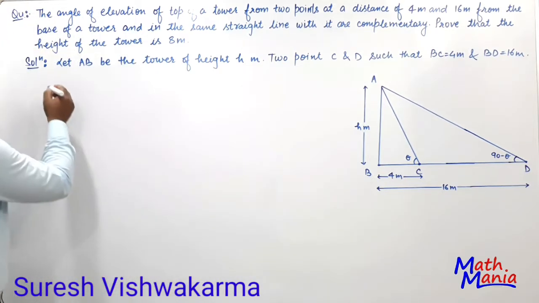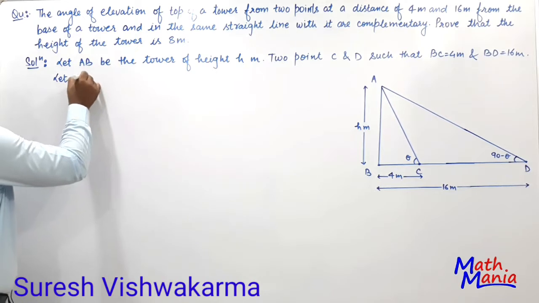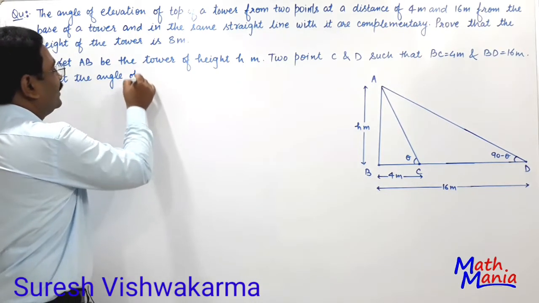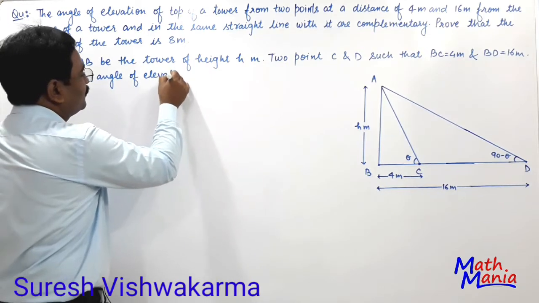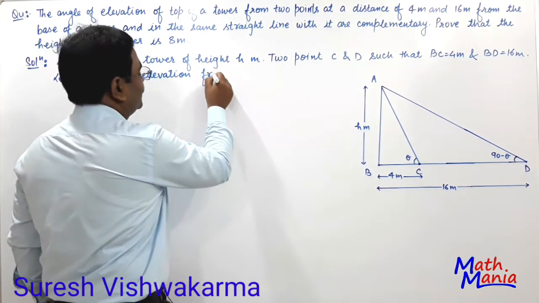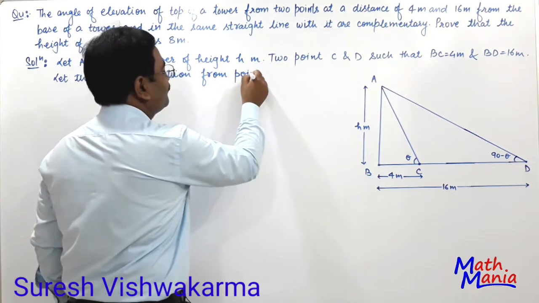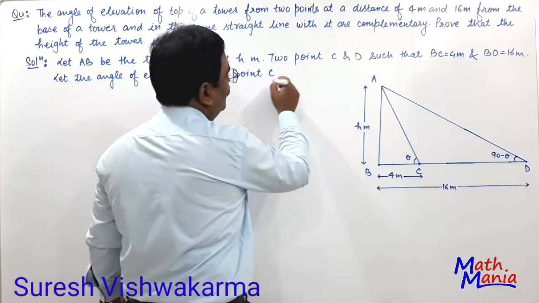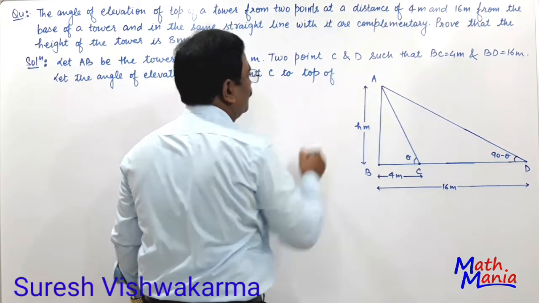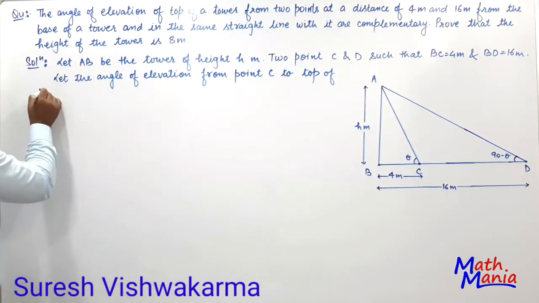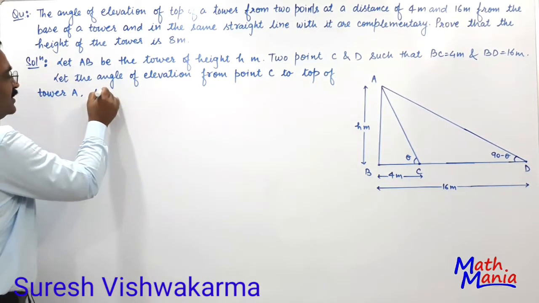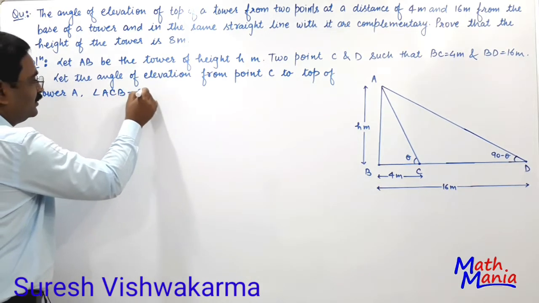So let the angle of elevation from point C to the top of tower A, means angle ACB, is equals to theta.